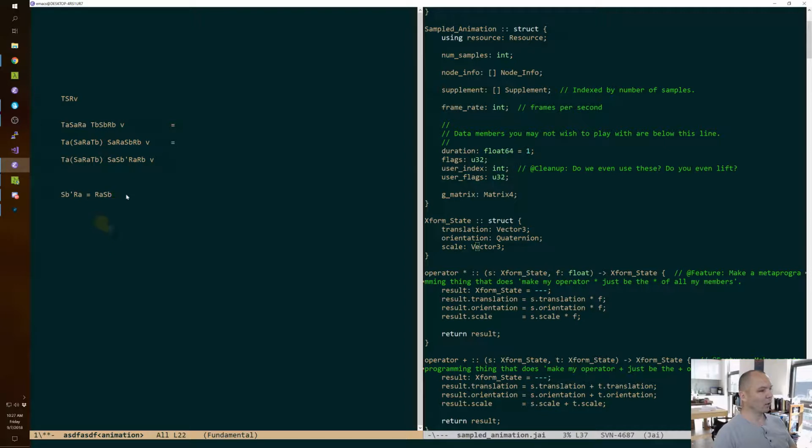I'm just going to say lowercase I. Often, on paper, I might write exponent -1, but here I'm going to write RAI, I for inverse. That's RA to the -1, just notationally.